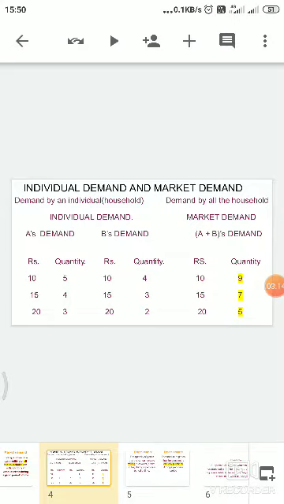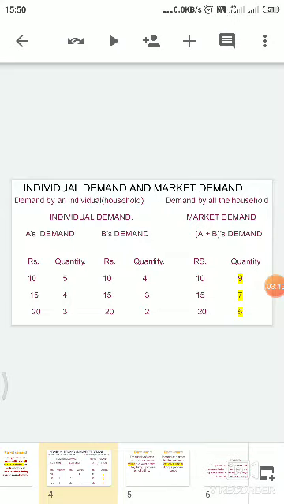Now, when we talk about the market demand, to find out the market demand, we have to take into consideration the quantities demanded by all the households in the market or in the economy. That means we will take the demand of A and B together at different prices. Now, you can see from here at 10, A is demanding 5 and B is demanding 4 units.